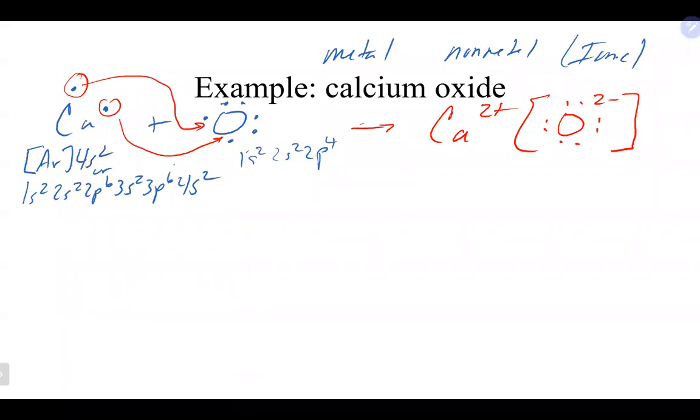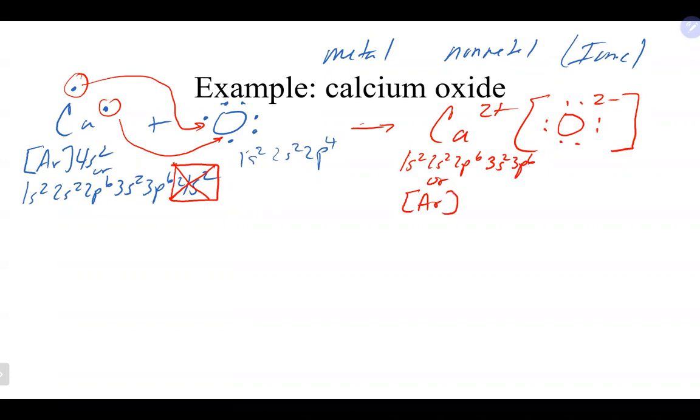Our valence electrons here in calcium are these 2 right here. And these are the 2 that are lost, which leaves a configuration of 1s2, 2s2, 2p6, 3s2, 3p6. That is 18 on the periodic table, which is argon's configuration.